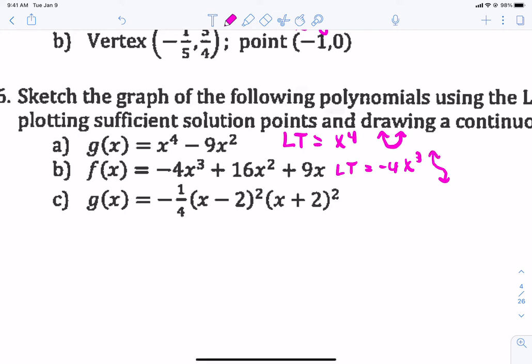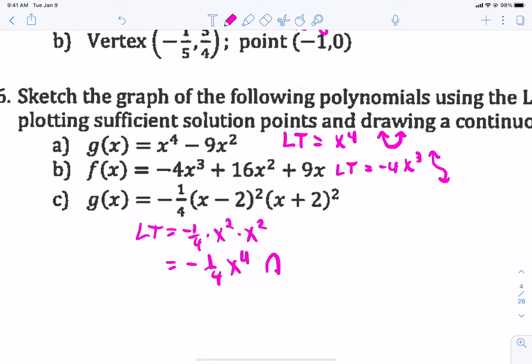It's going to have bumps in it, but ends are going to look like a cubic. And then finally, the lead term here is kind of hidden. It's like negative 1/4 times x squared and times x squared. So its lead term is a flipped upside down x to the 4th. So that's kind of how you judge the lead terms.